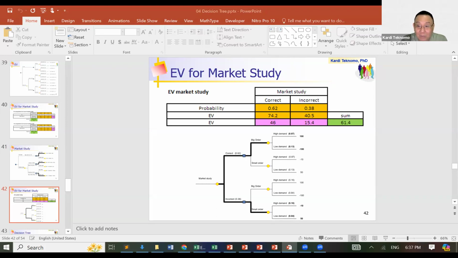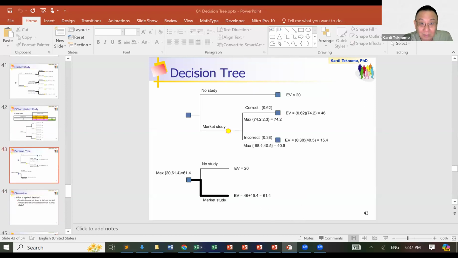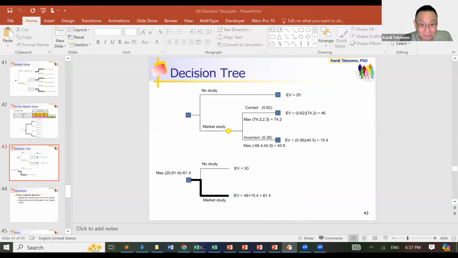Which is actually, you will get 61.4, and yes, 61.4 here. So finally, the result is your decision should be doing a market study.